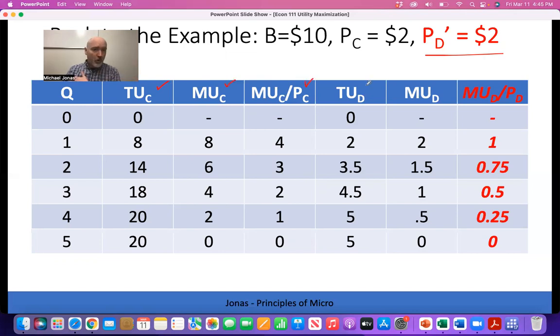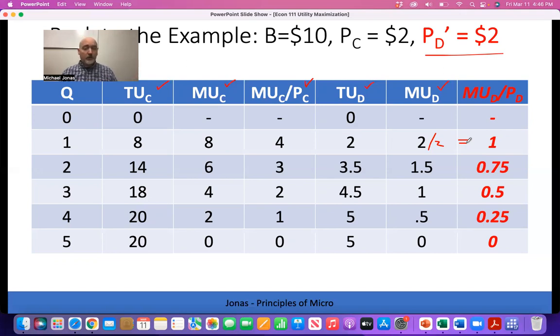And on the donut side, we like donuts just as much as we did before. So total utility and marginal utility are the same. The only thing that changes is we are now dividing this by 2 to get our MU over P. So all of those values in the last column are cut in half from what they were before.